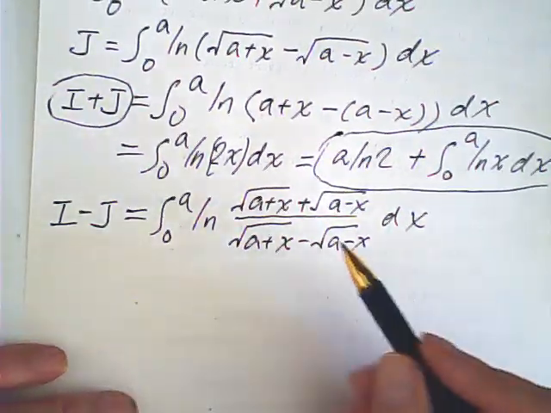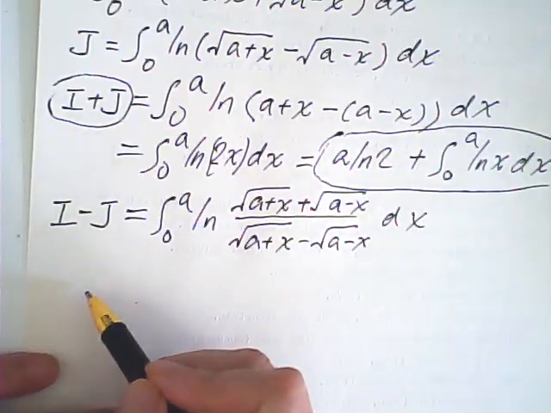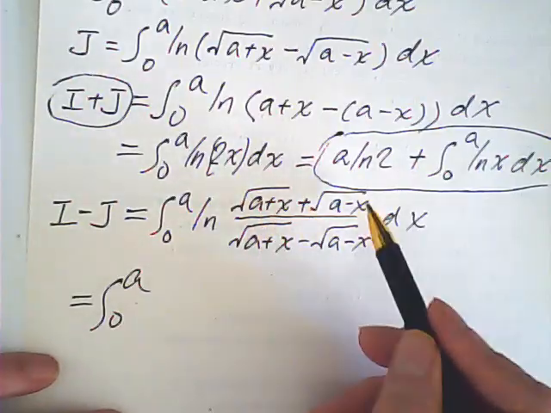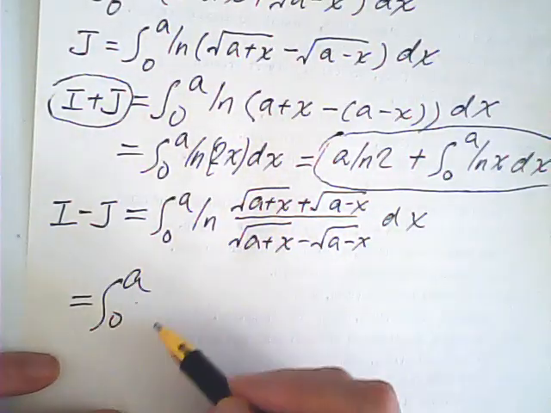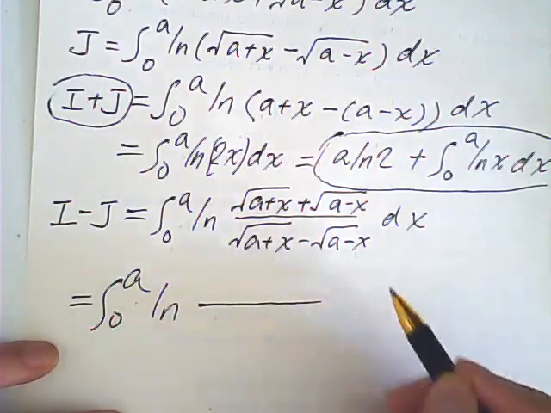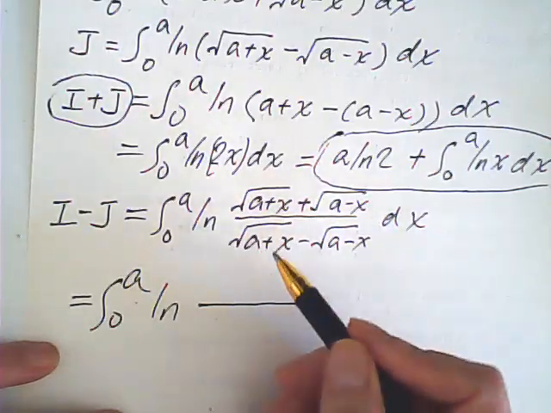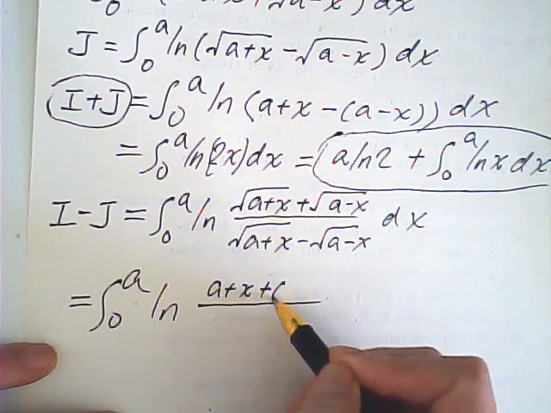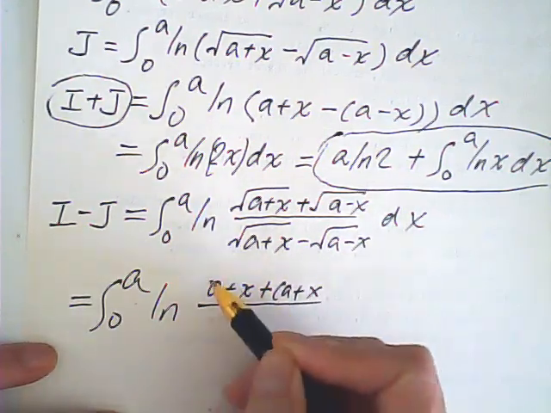Then I multiply both the numerator and the denominator by this. The top is the square: a plus x plus a minus x, right?